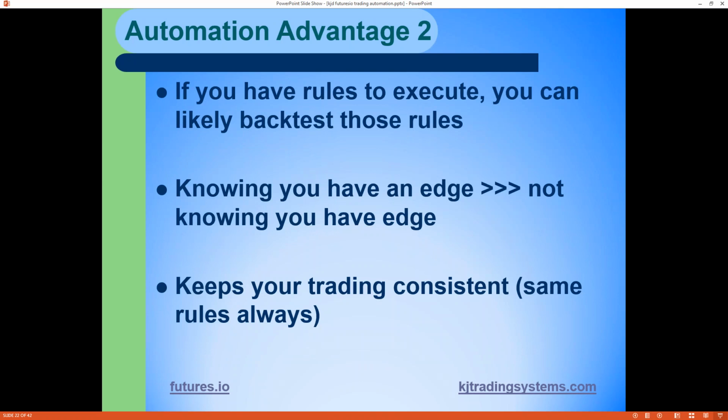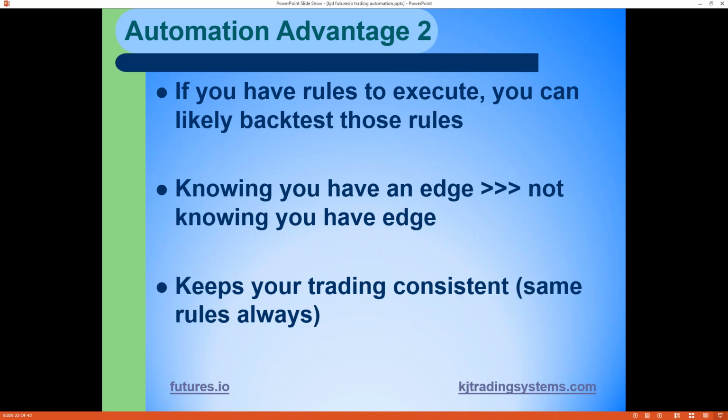Because then it's easier to say, okay, if I keep doing this, if I buy with these rules, sell with these rules, it's made money over the past 10 years. Makes it easier to be consistent with your trading because, yes, I should take that trade. Yes, I should follow that.